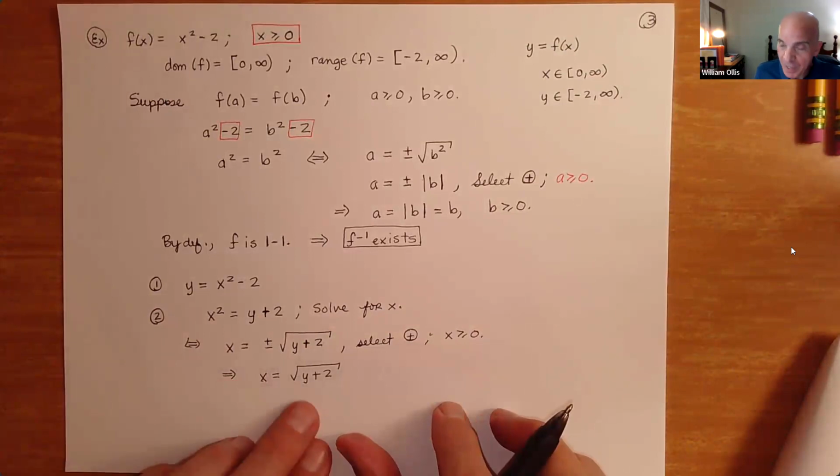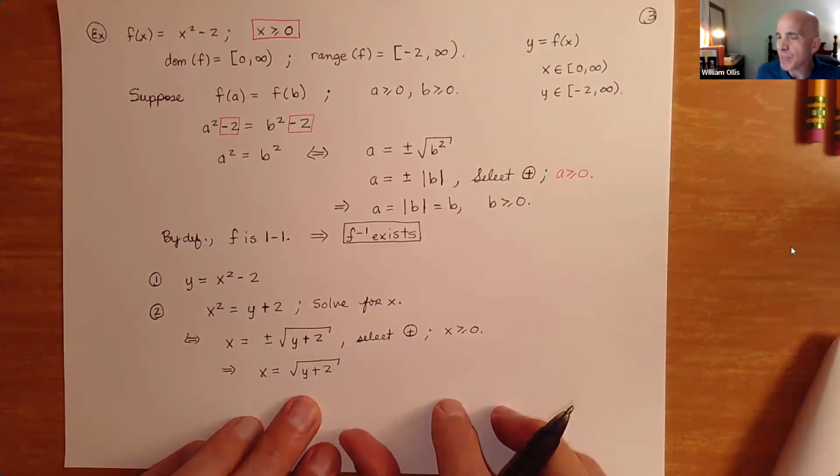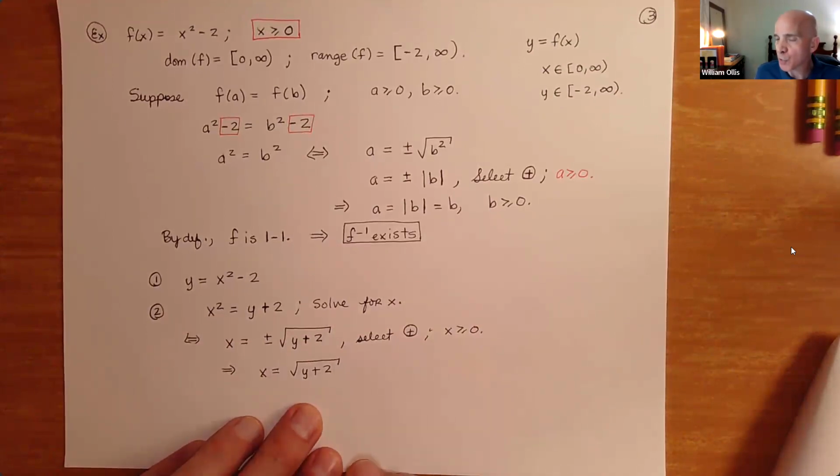Now, this is a reverse path, but it's not stated the way we actually stated it on the first page of our lecture. That is, we will prefer that the inverse function be notated with the same independent variable.